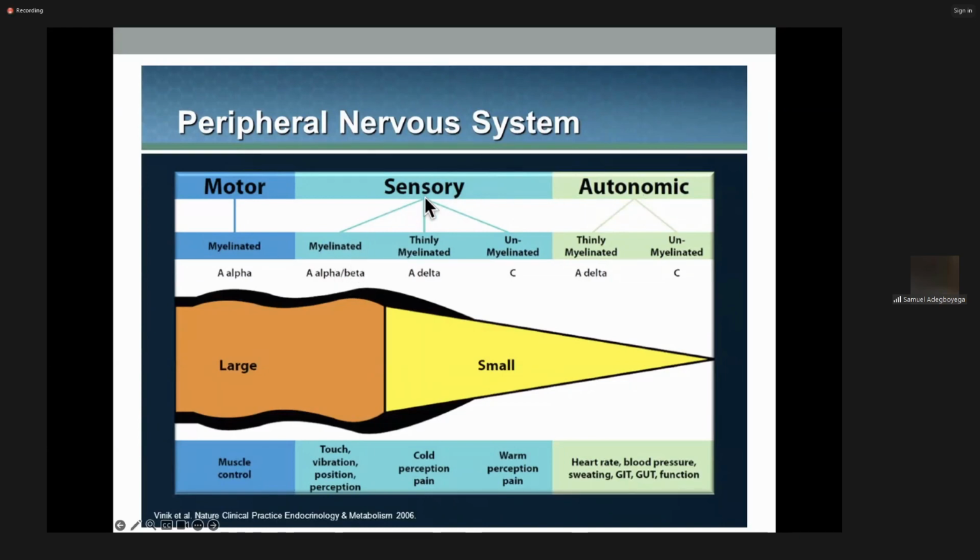That's what differentiates between this and this. And what differentiates between motor neuropathy and sensory neuropathy is that the only one that's got the A alpha all to himself is motor neuropathy. The other one that has the A alpha and beta combined together is sensory. So you just got to break this thing down and know it very well. I can't teach you this. You just got to know it.